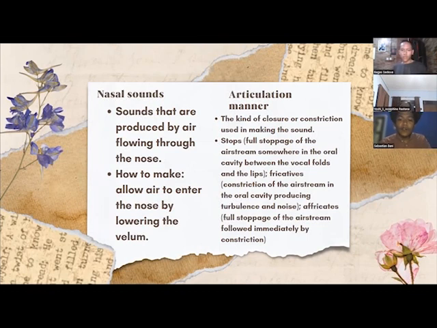Stops: a full stoppage of the airstream somewhere in the oral cavity between the vocal folds and the lips. Fricatives: constriction of the airstream in the oral cavity producing turbulence and noise. And affricates: a full stoppage of the airstream followed immediately by constriction. Next slide, please.